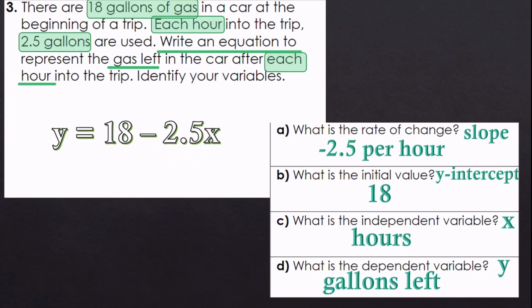You would probably see it written this way in a multiple choice question because you're starting with your 18 gallons and every hour you subtract more gas. Sometimes your slope does come second. But had you written it the other way, that would still be okay too.